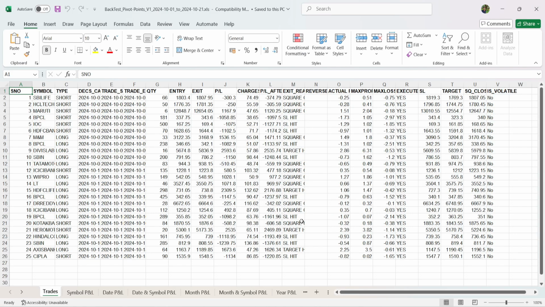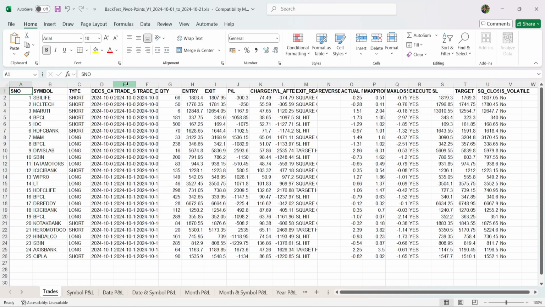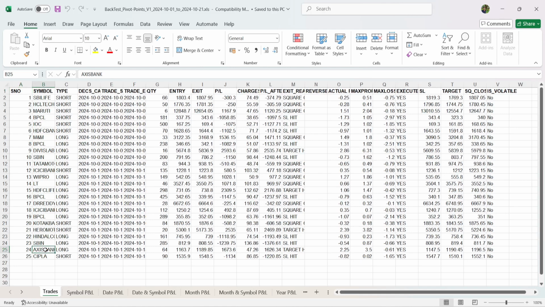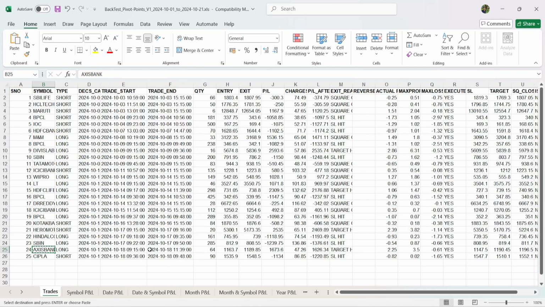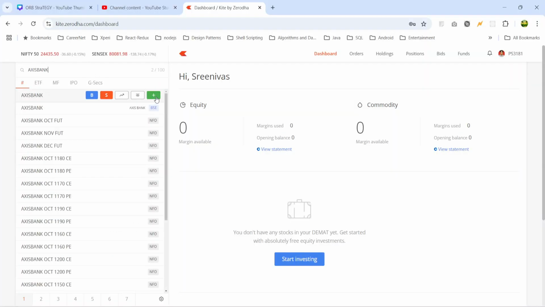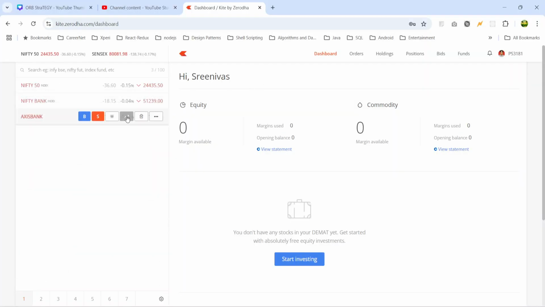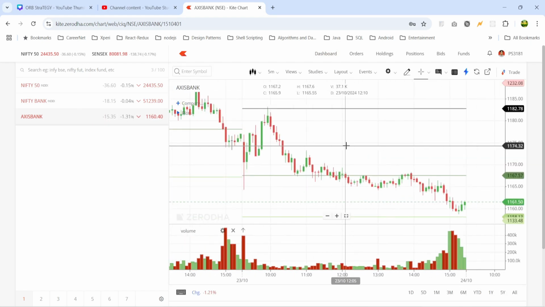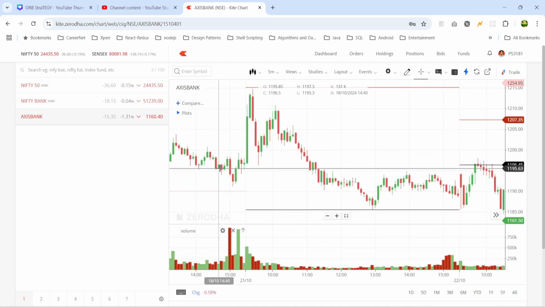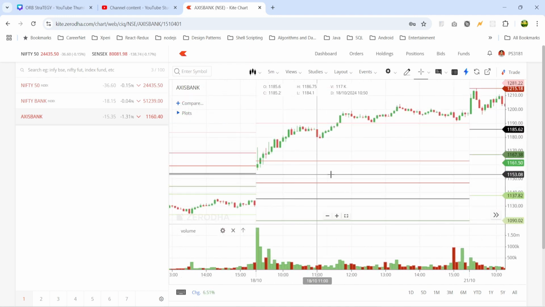Yeah, let me validate some of the trades so that we can see whether the code I have written is correct or not. Okay. So there's an Axis Bank trade that happened on 18th. Let's go to the 18th on this 5-minute chart.